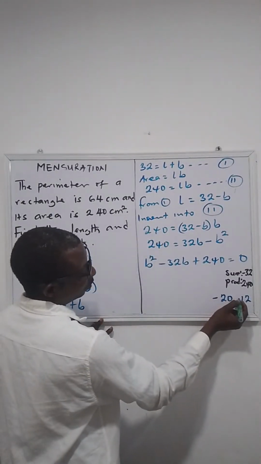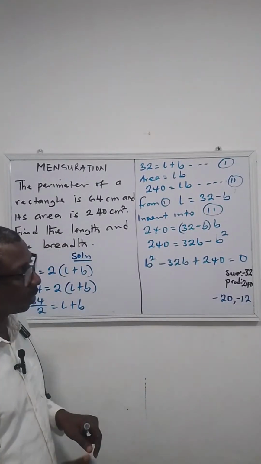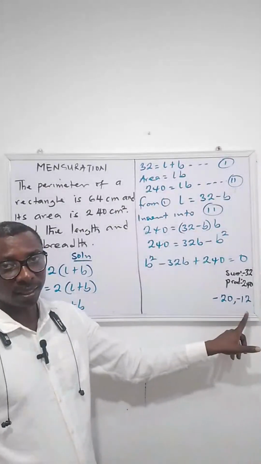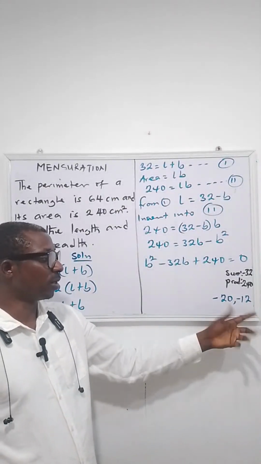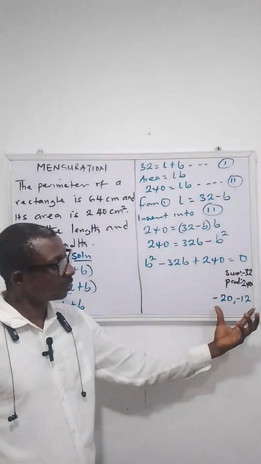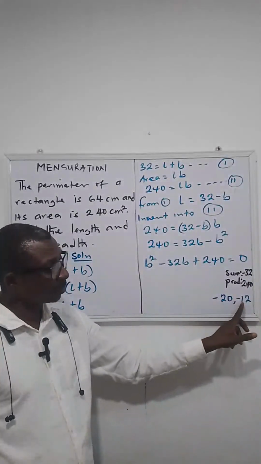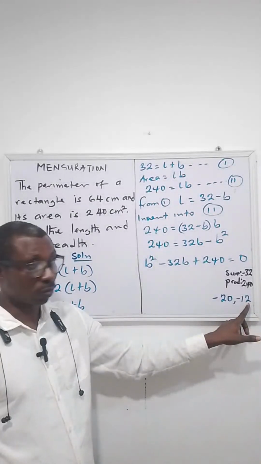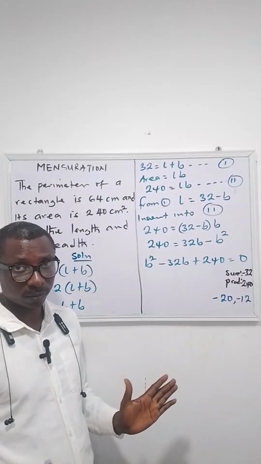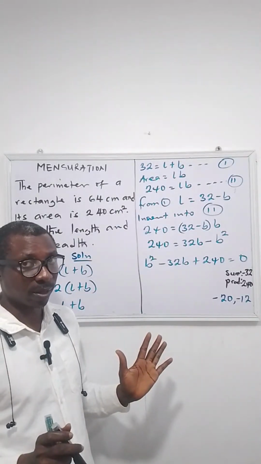When you add negative 20 and negative 12, I have negative 32. And when you multiply them together, 2 times 12 is 24, so we have 0 there, so we have 240. Okay, so that means we have the numbers.